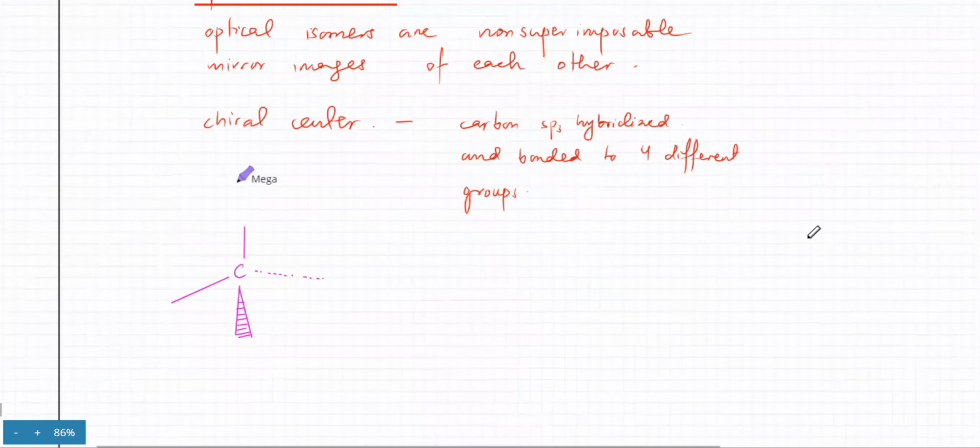Let's say there is a CH3 at the top, and there's an H over here, and OH over here, and let's say all four must be different. And there's a Cl over here. So this carbon atom over here is called a chiral center.